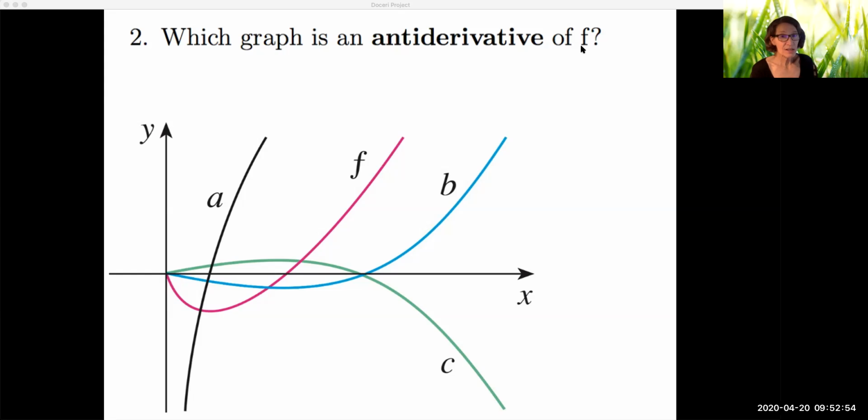So I want you to try to figure out which of those three, A, B, or C, is the antiderivative of f, just using the graphs.